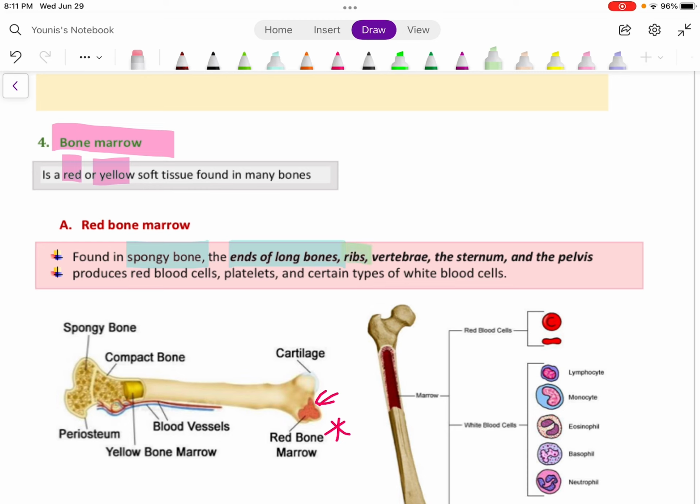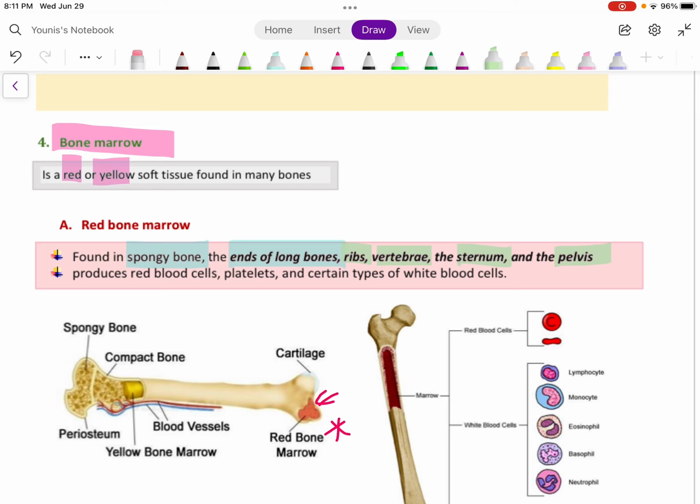The ribs, the vertebrae, which means the bones of the spine or vertebral column, the sternum, and also the pelvis. As I told you, you will see the names of bones in many parts of this section, so try to memorize it all. This is very important for the general examinations. They always bring such questions about the locations.